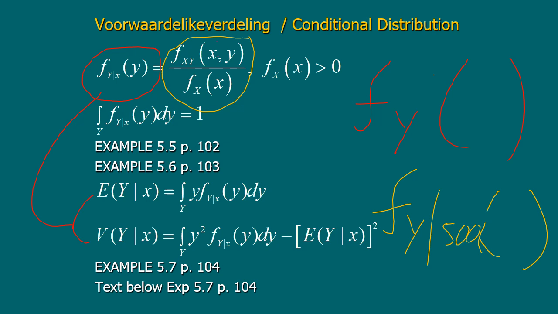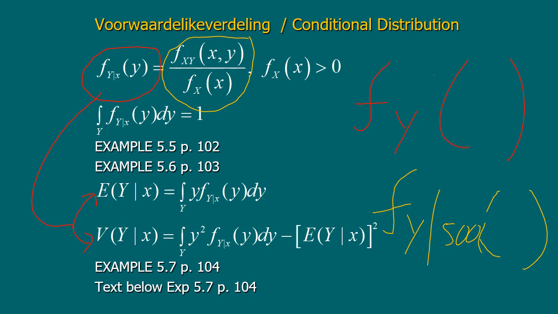Now because this is a fully fledged distribution in its own right, it has an expected value and it has a variance. Once you get that, the expected value is the integral of y times that, and the variance is similar to what we did before, y squared minus the expected value squared. Conditional distribution is just slogging through the maths, to be perfectly blunt.